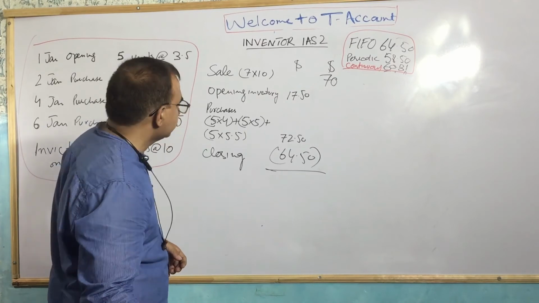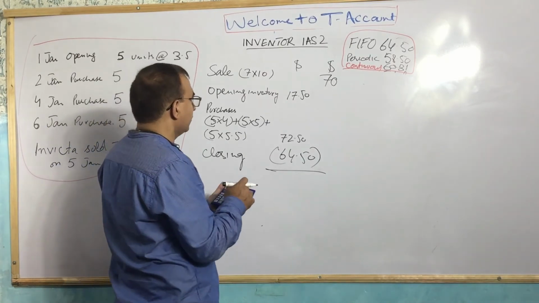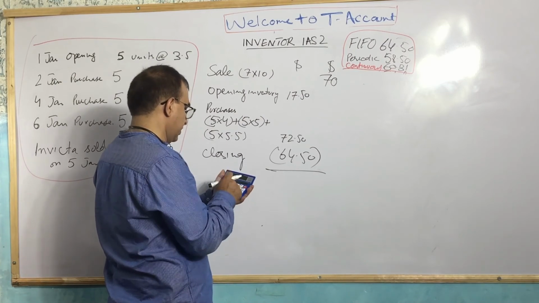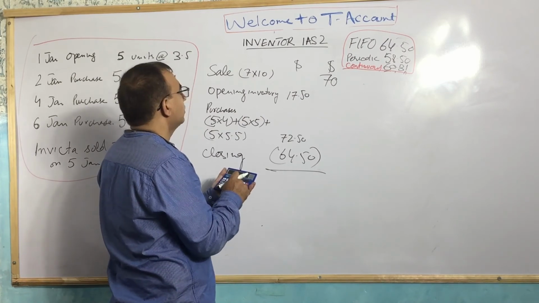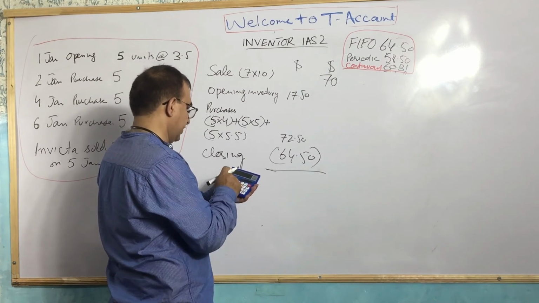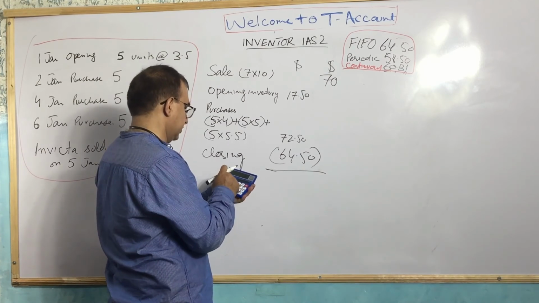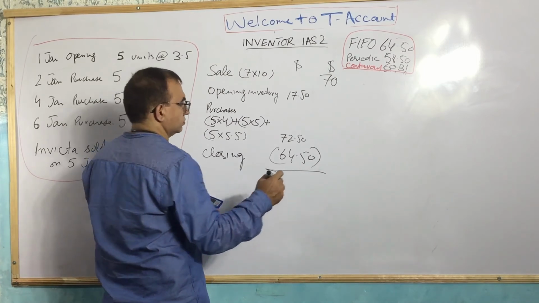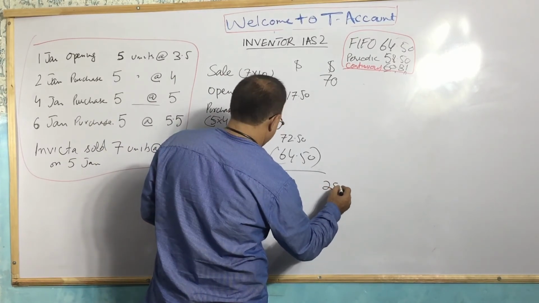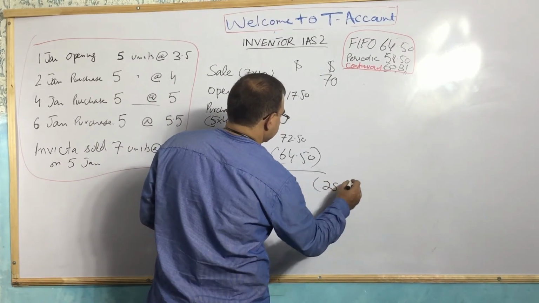So if you calculate this, 17.5 plus 72.50 minus 64.50. That's your cost of sales, $25.5.